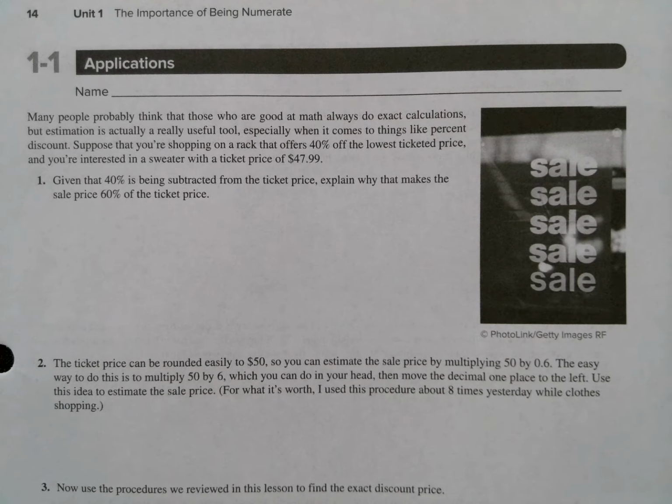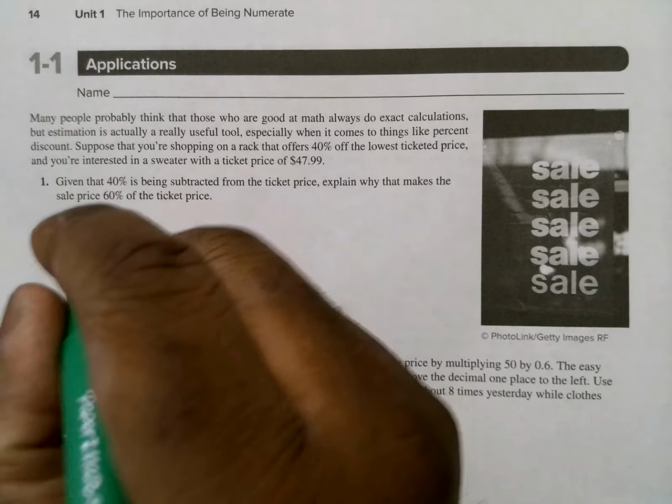Now we'll jump to our last part of section 1.1, which is page 14, problems 1 through 7. It says, given that 40% is being subtracted from the ticket price, explain why that makes the sale price 60% of the ticket price. Now remember, I told you all this earlier.